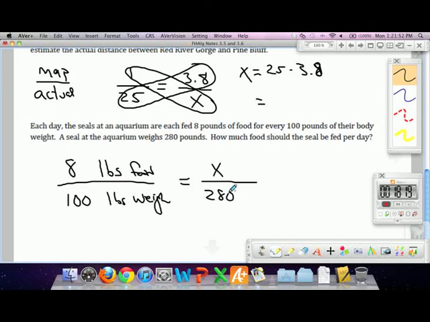Cross multiply and solve. And you can say 100 X is equal to 8 times 280. 100 X is equal to 2240.